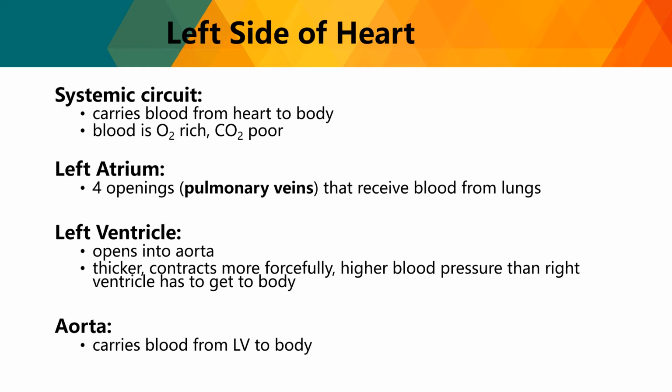It carries blood from the heart to the body, and your blood is already oxygen rich and carbon dioxide poor. So in the left side of the heart, we call the blood it carries oxygenated. So the left atrium has 4 openings, including the pulmonary veins that receive blood from the lungs.